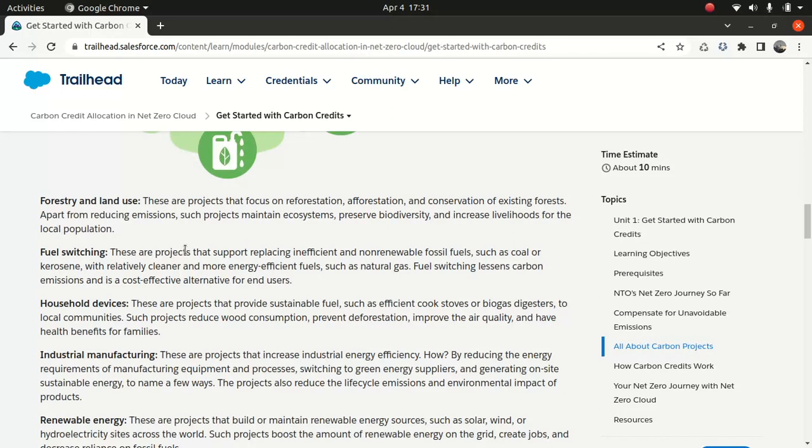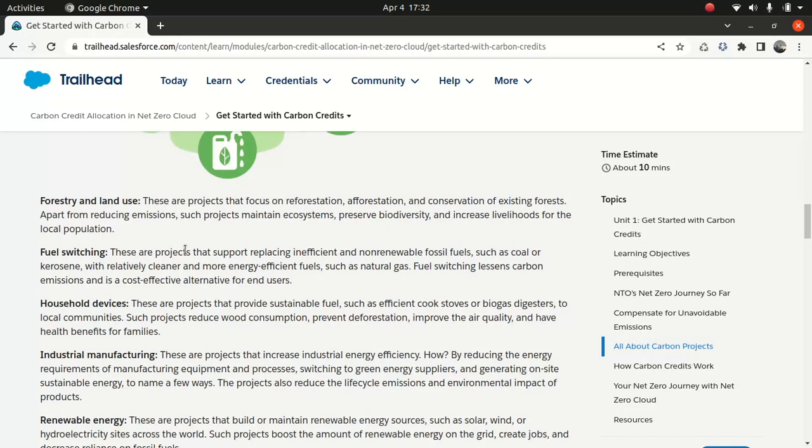Because you're talking about net zero, the reason I wanted to mention this is that we have this beautiful planet, and it is our responsibility to protect it. Getting involved in a carbon project is one way you can contribute. Even if you're not a business owner, help your community plant some trees. Join a club which helps with the forestation process, or conservation of existing forests, which is pretty amazing.